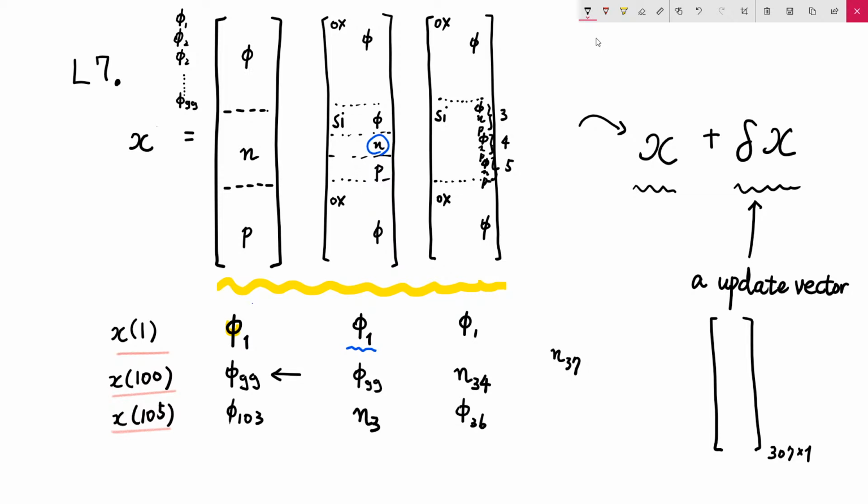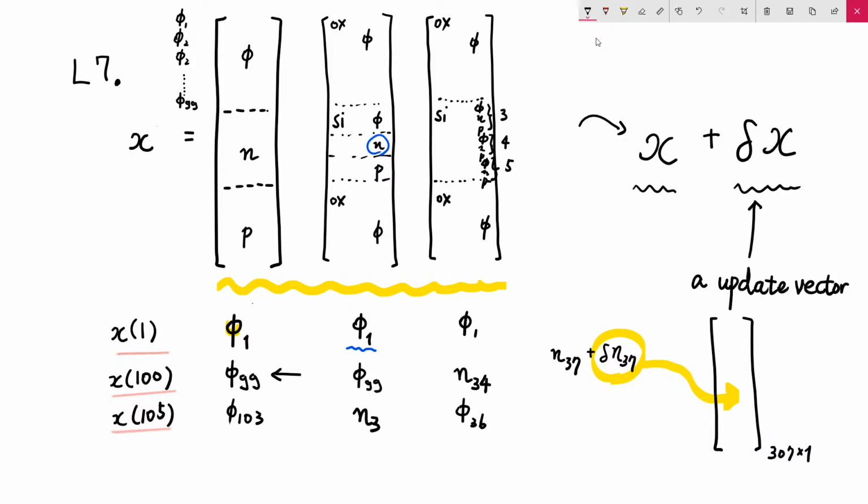There is somewhere your update. Then how can you find out this quantity? The update for the 37th point. Then you have to understand, if I wanted to find out this number, where are the points for my update?